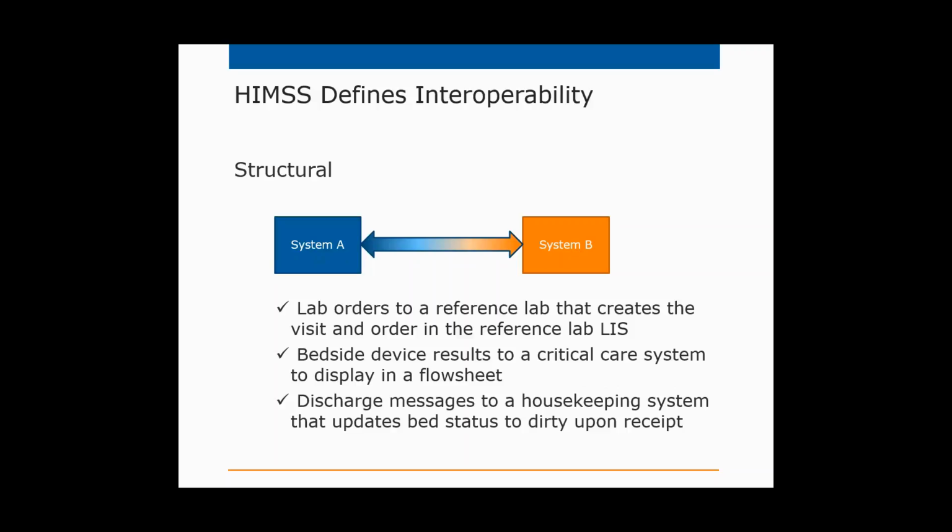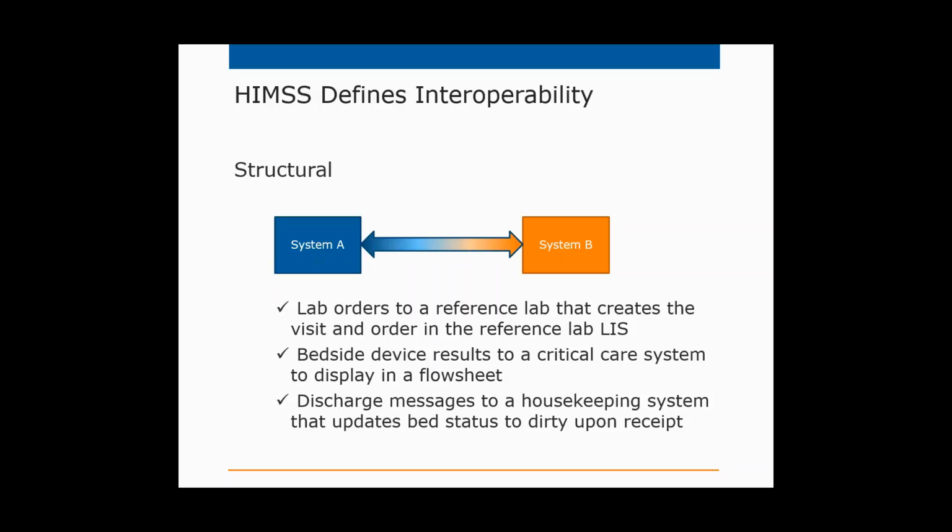And so that might be our lab orders that go to a reference lab, but now they actually create the visit and the order in the reference lab. We have done some transformation of those messages. A bedside device, the results might go to your critical care system and they drop right into a flow sheet because the recipient knew what was in each spot and could populate a flow sheet.